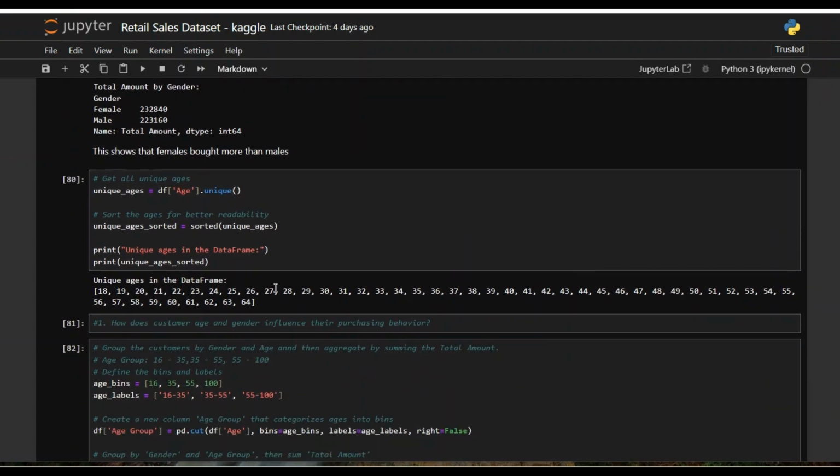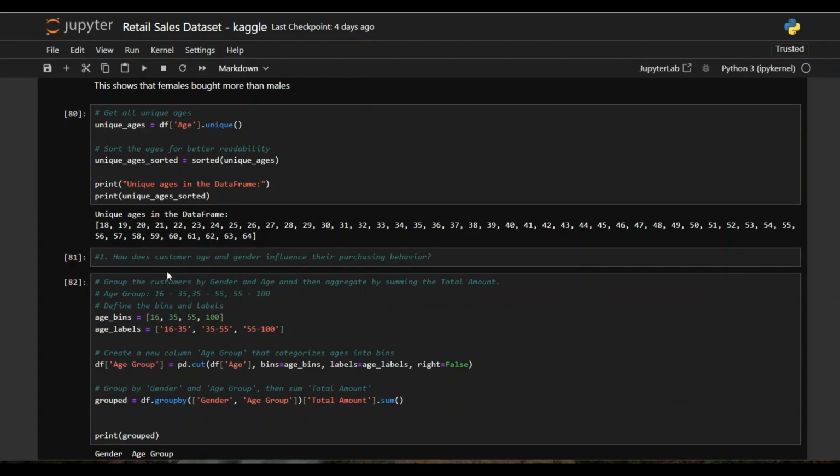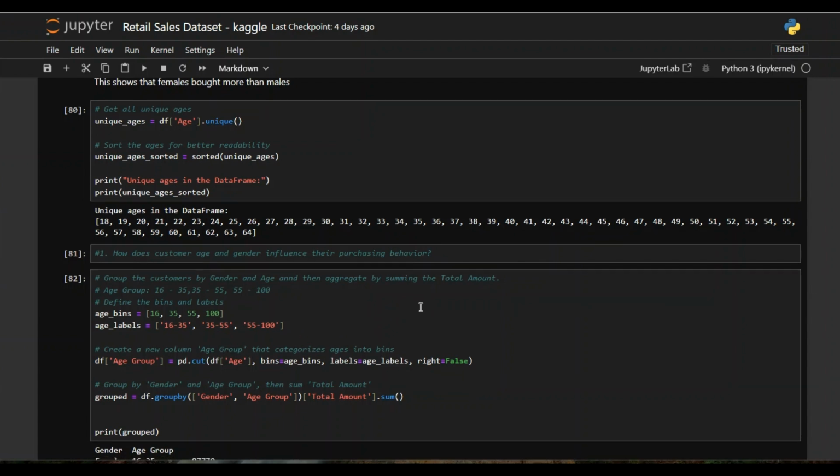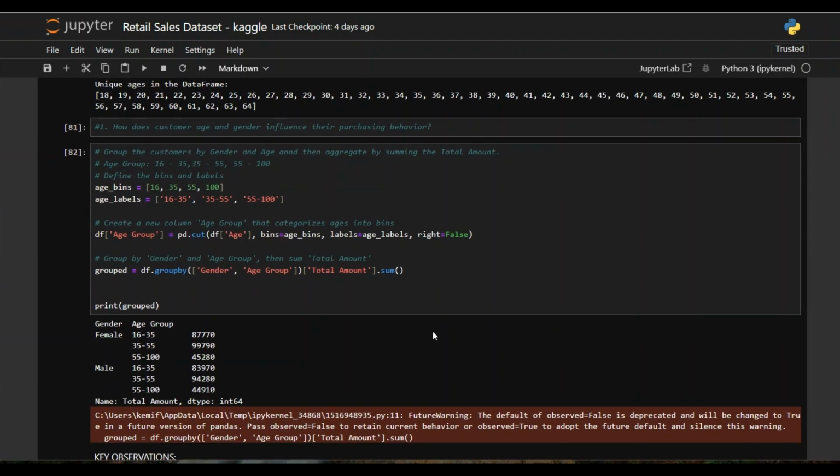Then I looked at the unique ages just for me to be able to create my age groups. For the first insight, to find out how the customer age and gender influence purchasing behavior, I created age bins and then age labels. This age group is what I use to divide the total amount for each gender according to their age group.